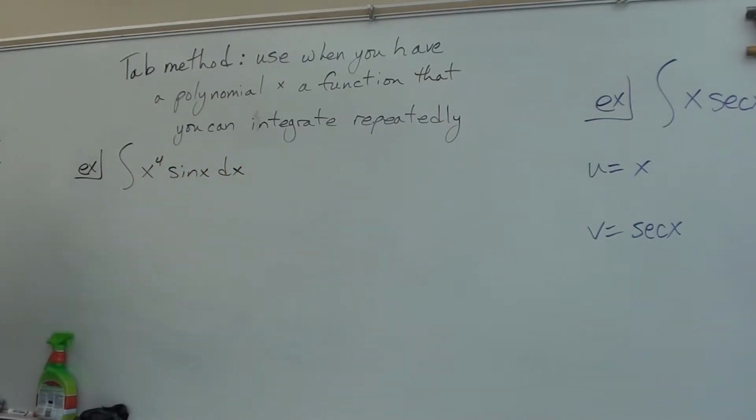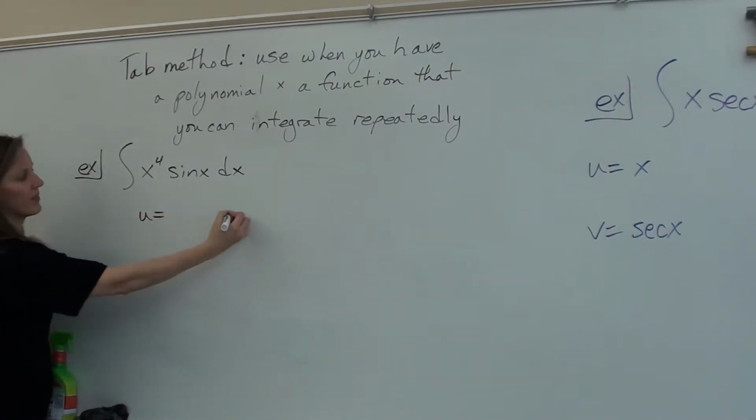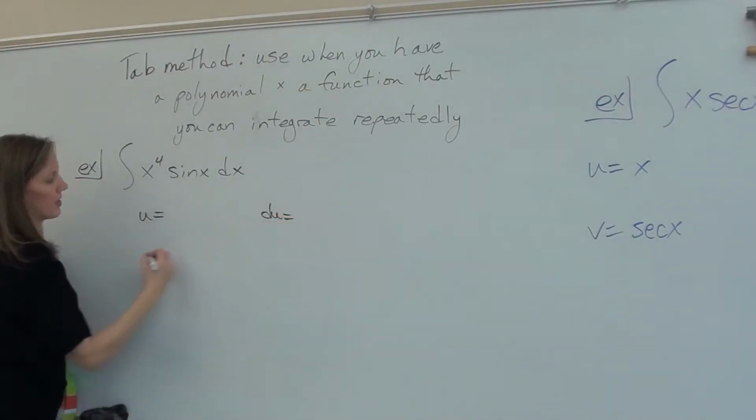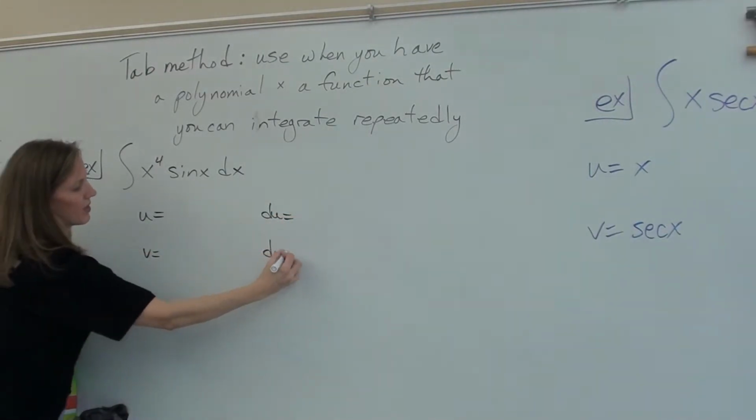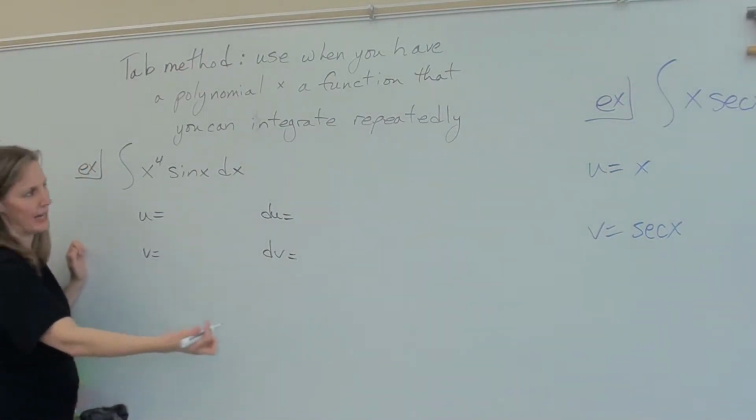So we're going to find the integral of x to the 4th times sine x. Don't write what I'm about to do. If we do it using the traditional integration by parts, here's what happens. What would go in dv? Sine x.